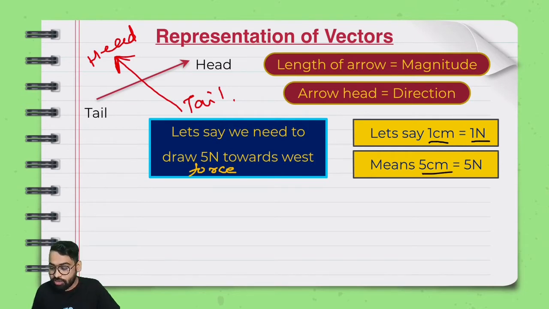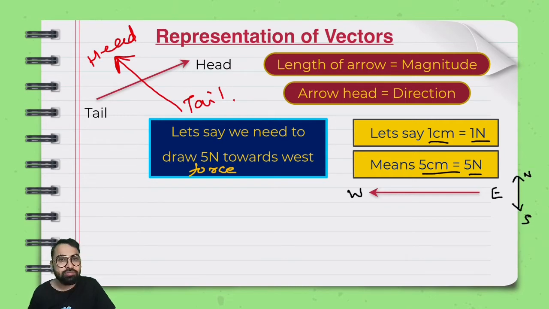Everybody knows that 1 centimeter 1 Newton, 2 centimeter 2 Newton, 5 centimeter 5 Newton. So now if we draw this arrow, I hope you can see that this is pointing towards the west direction. This is obviously east. Those of you who don't know, this is north, this is south. So it is towards west, and if I say that this is a 5 centimeter arrow, I can say that this is my 5 Newton force towards the west, right?